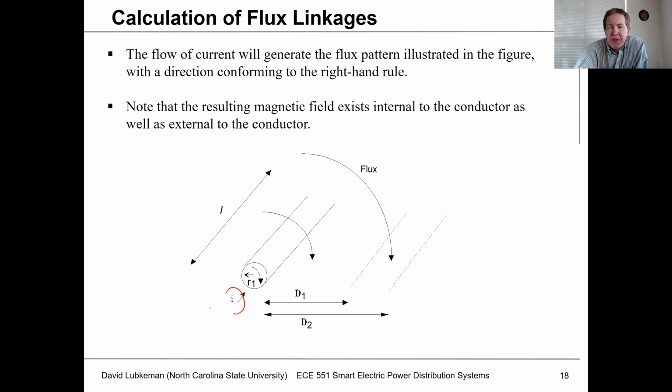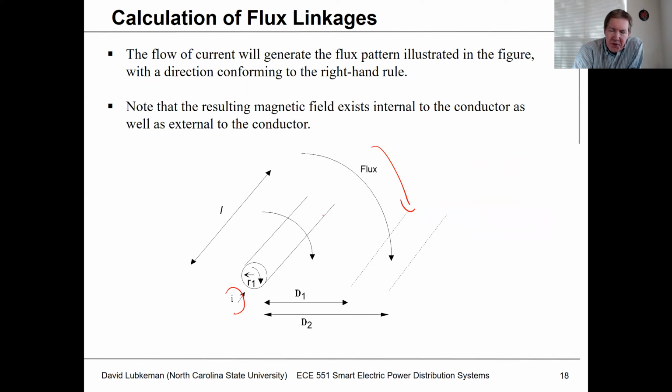According to the right-hand rule, you're going to set up a magnetic field where, if my thumb is in the direction of current, then the fingers are the direction of the magnetic field. And so we're going to set up a flux that's shown here in the clockwise direction if current is going into the slide page.